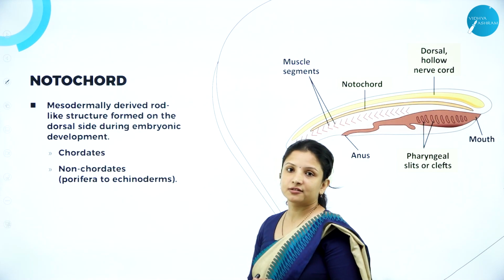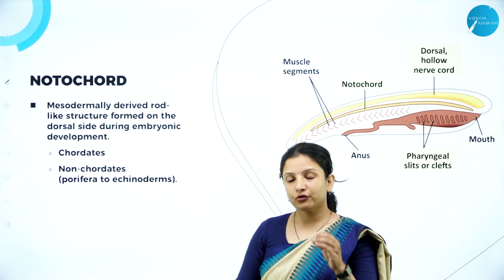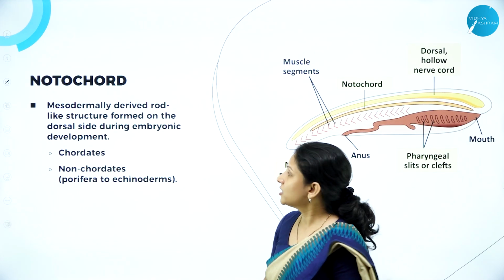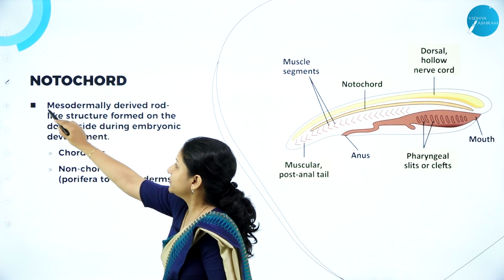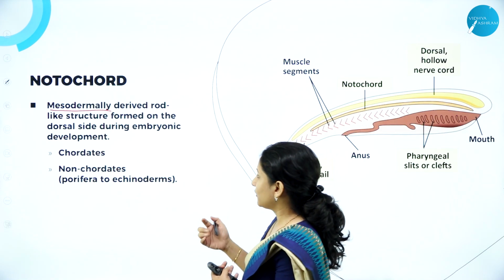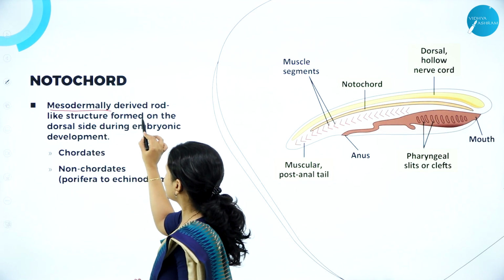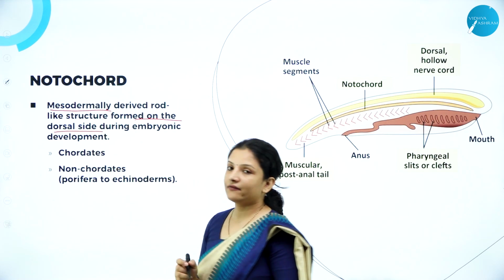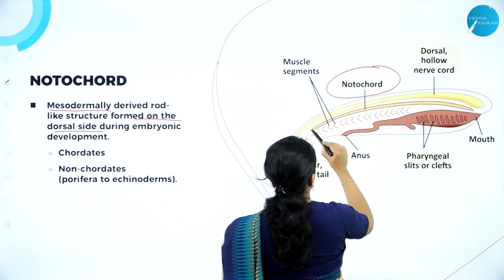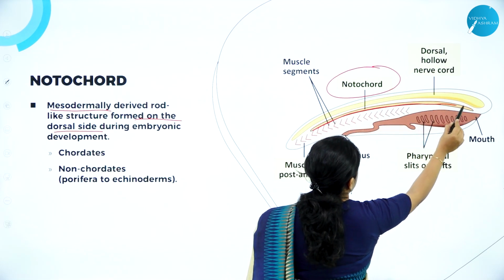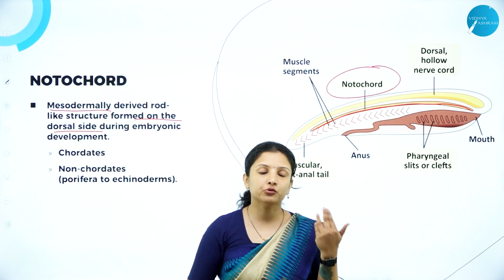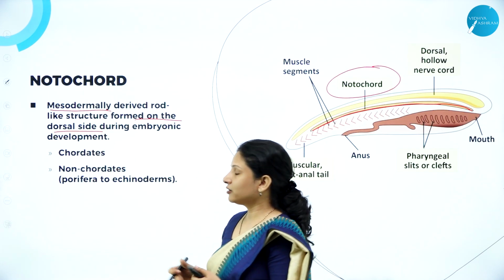Next, based on the presence or absence of notochord. Notochord is a structure that is developed during the embryonic stage. Some of the mesoderm cells differentiate into a rod-like structure during embryonic development on the dorsal side. Can you see a rod-like structure continuously here? That is nothing but the notochord.